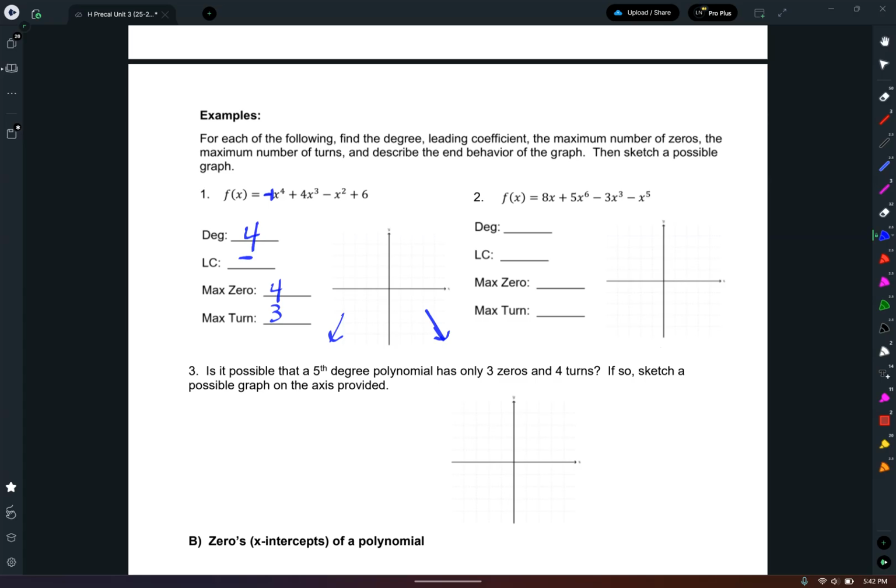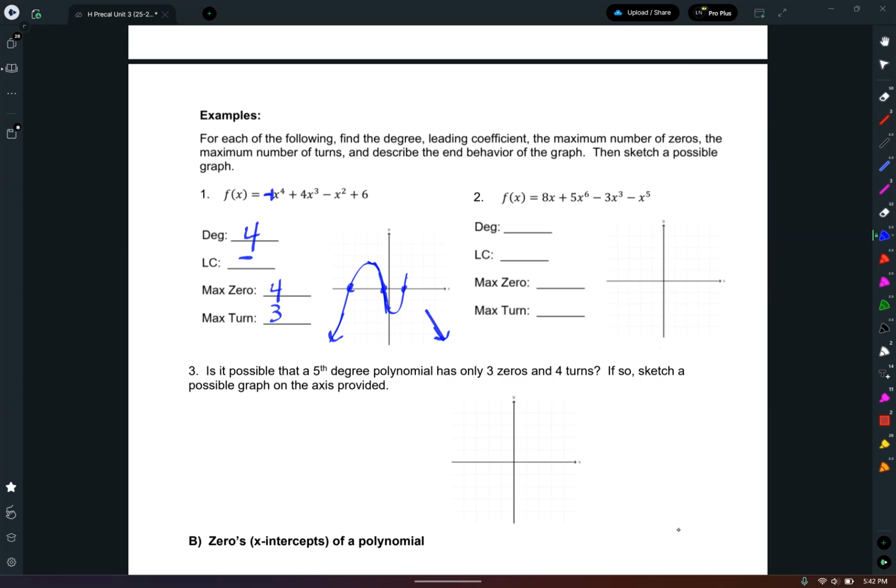So if I start at the left and work my way across to the right, it's okay to cross the x-axis, right? Those are zeros. It's okay to cross the x-axis 4 times. So there I've crossed it once. Now I'm going to turn and come back down, so now I've crossed it twice. Now I'm going to turn and go back up, so now I've crossed a third time.